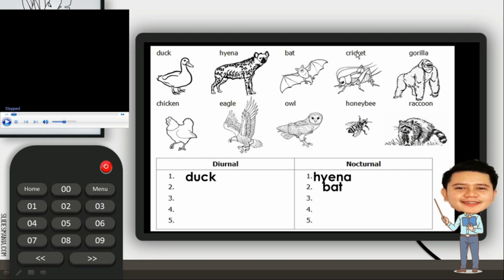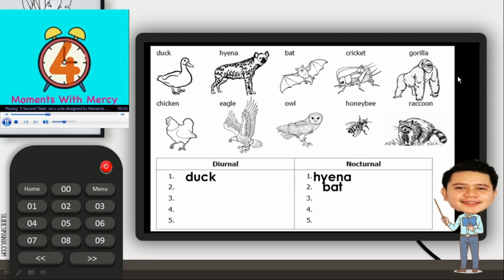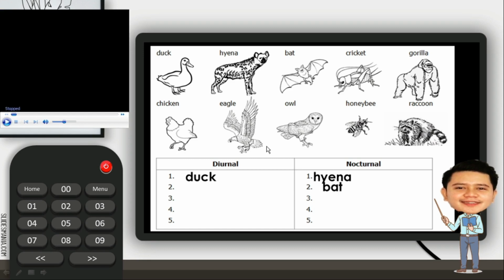Okay, next, cricket. Is it diurnal or nocturnal? Once again, when we say diurnal, the keyword is morning. The nocturnal, evening. Okay, so let's start with the cricket. 5 seconds. So, is it diurnal or nocturnal?